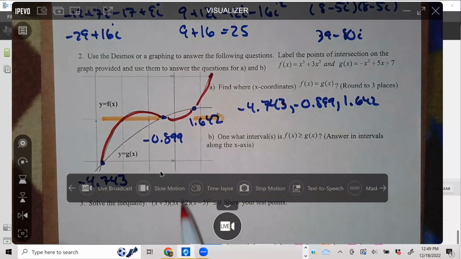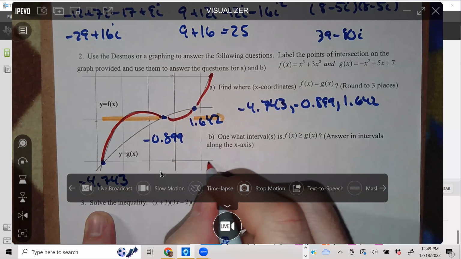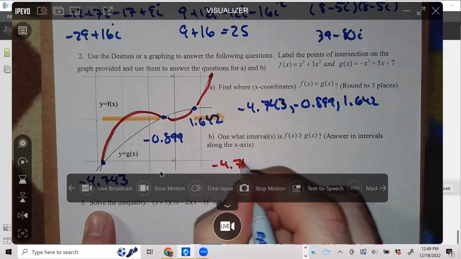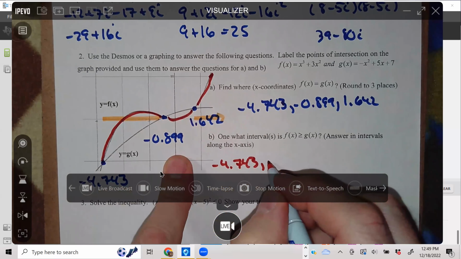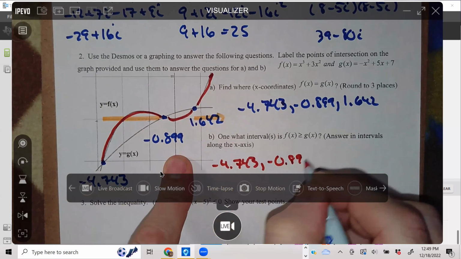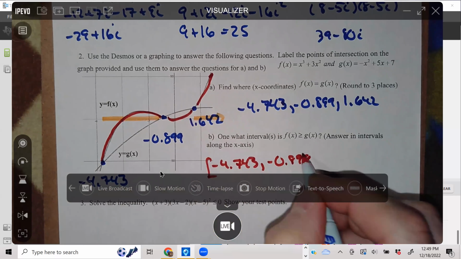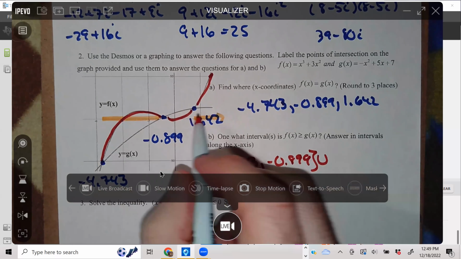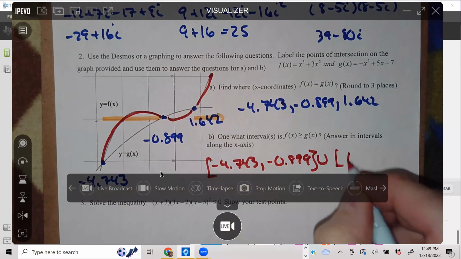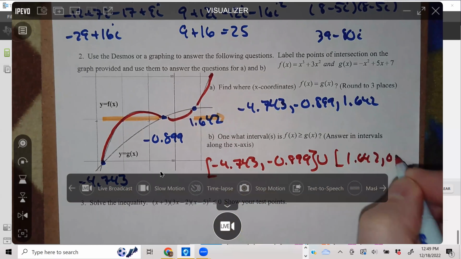So that's going to be negative 4.743 to negative 0.899. Now, since this is a greater than or equal to, I'm going to include those endpoints. Union here, 1.642 to infinity.